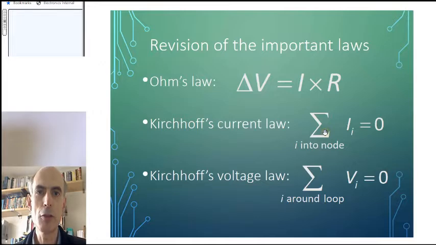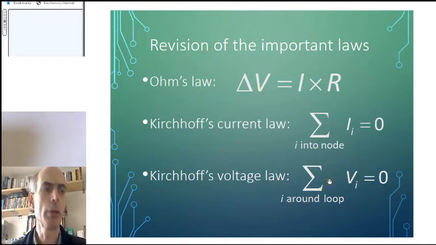Bearing in mind that this includes the currents flowing out of the node, we just count them as being negative currents flowing into a node. And Kirchhoff's voltage law: the sum of all of the voltages around a closed loop is zero.